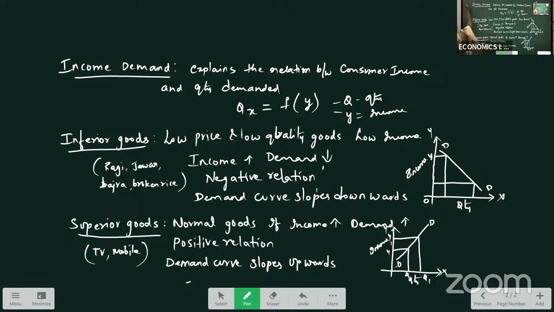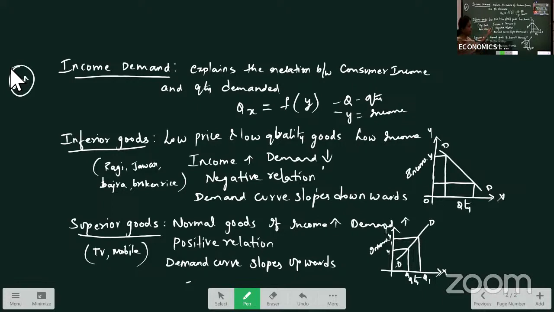These are very, very important for 2 marks. Either they may ask income demand, or inferior goods, or superior goods. When you get this question for 2 marks, for example inferior good, what will you write? Inferior goods are the goods which are low priced or which are preferred by the people when their income levels are low.